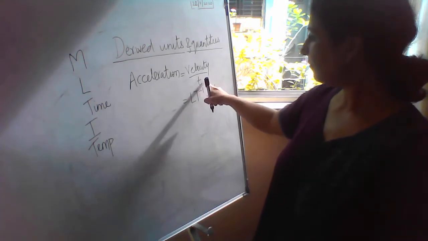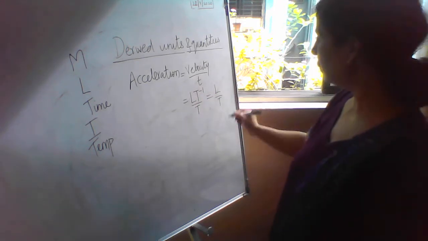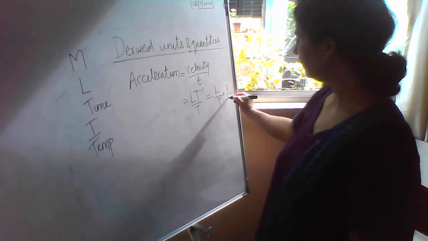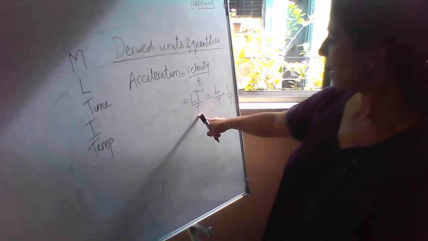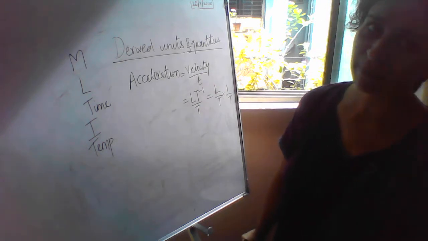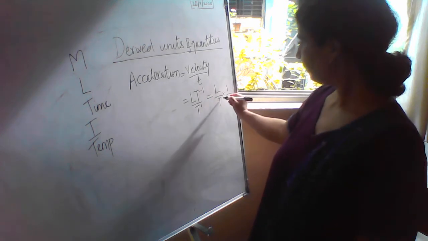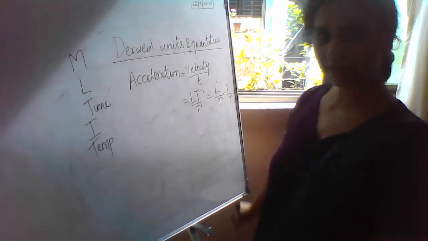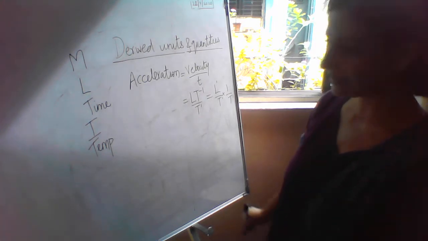Now, divided by time. Here also divided by time, that is 1 by t. I want to take this t also above, but there is already 1 minus 1. So this is also 1. Let us write 1 here for simplicity of our understanding.